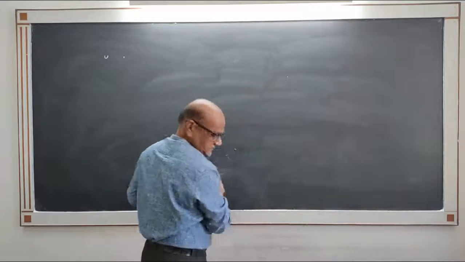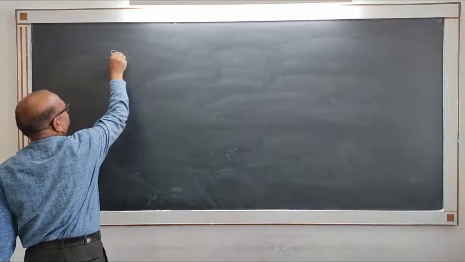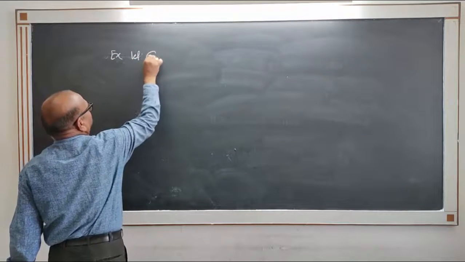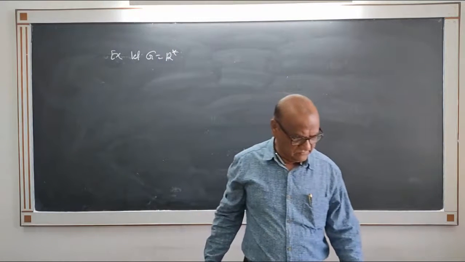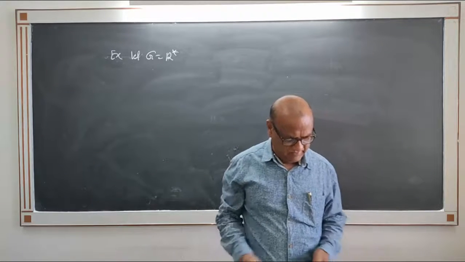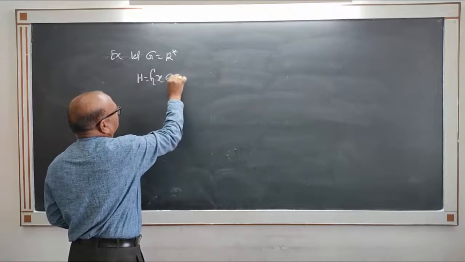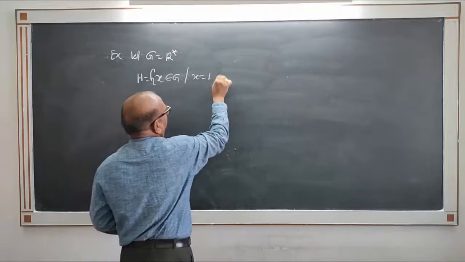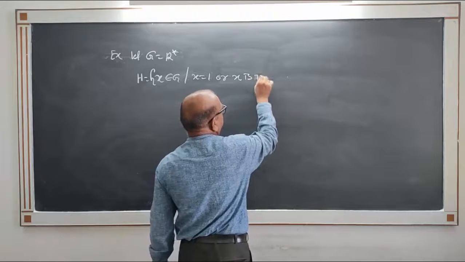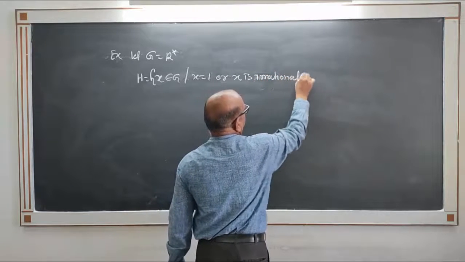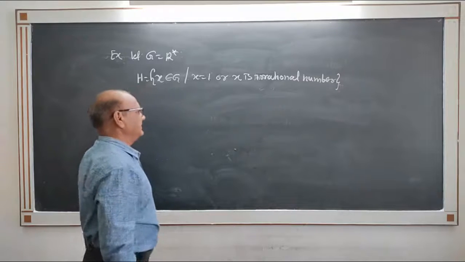Now, next example. Let G be the set of non-zero real numbers, and H be the set of X belonging to G such that either X is equal to 1 or X is an irrational number.